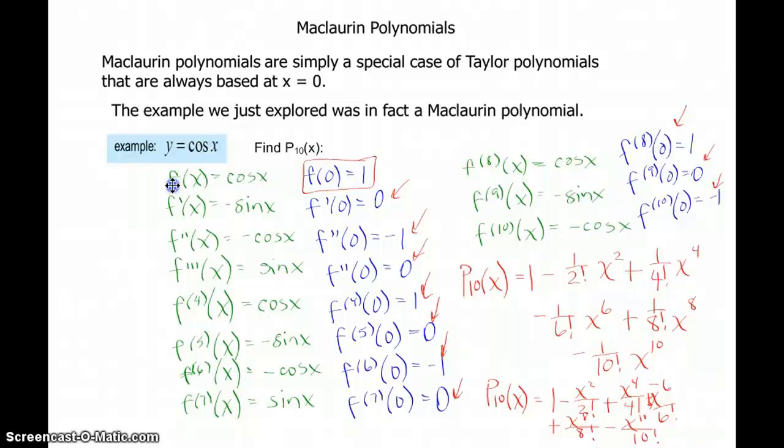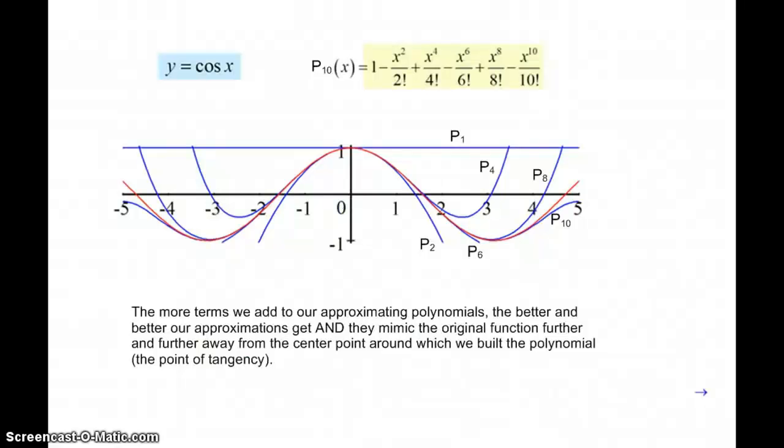So there's p sub 10. So not a lot of work to do, not super time consuming. However, when you build it from scratch, there is a lot of work to show. So you have to show all of that work when you're building your polynomials from scratch.